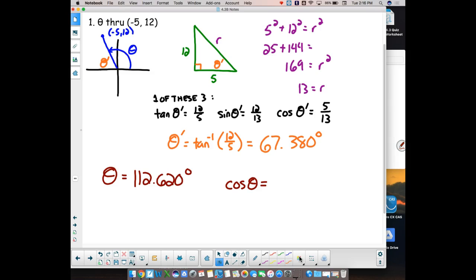But how can I make my circle become the unit circle? Unit circles have radiuses of 1, centered at the origin.